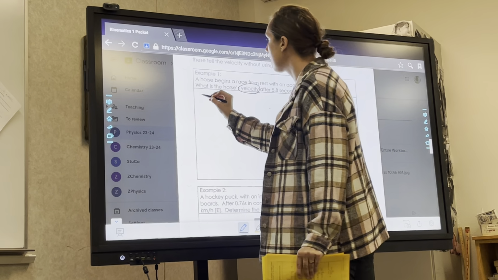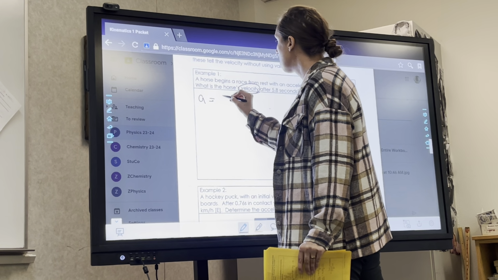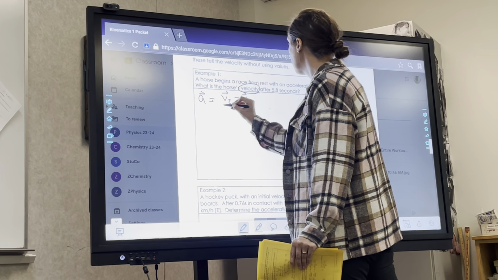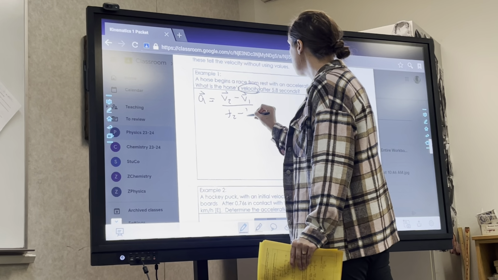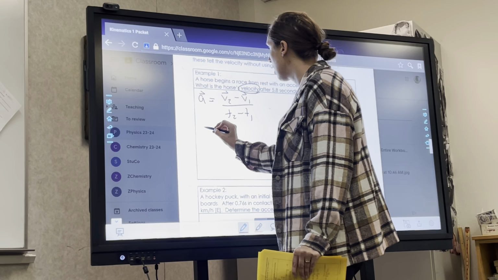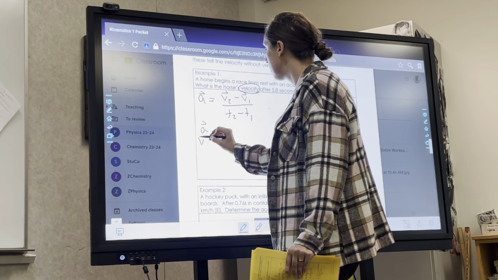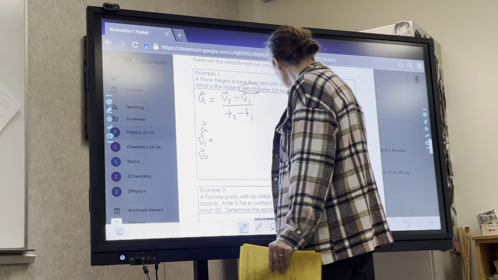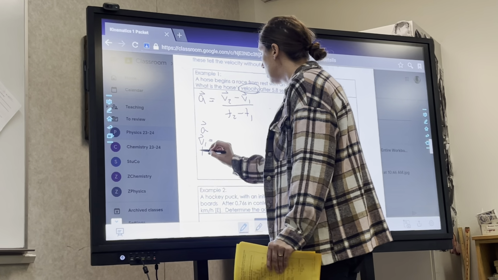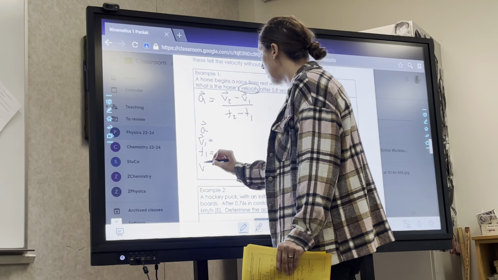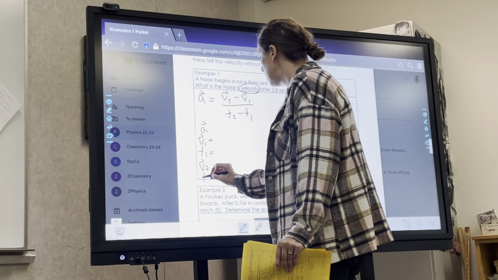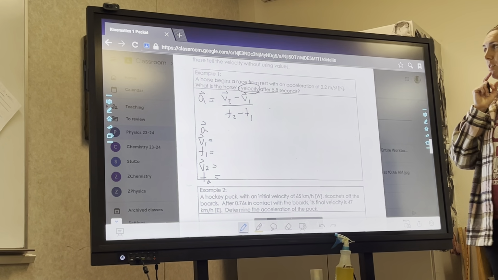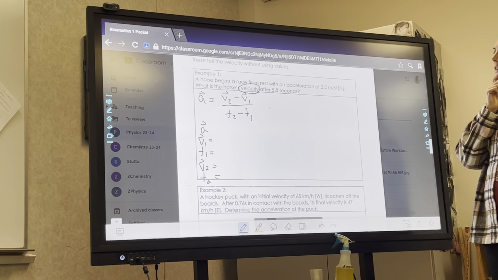Okay, so we have acceleration equals velocity 2 minus velocity 1 all over T2 minus T1. And then we got our acceleration, V hat 1, T1, V hat 2, T2. Okay, there are 2 ways to do this. Let's sub in first.